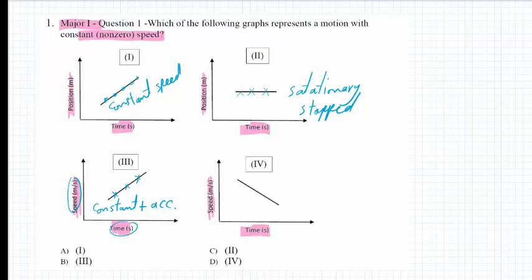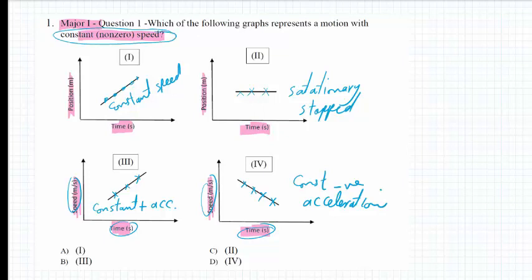The last one is also a speed versus time, and the speed decreases linearly. That means a constant negative acceleration. Here he's asking about constant speed, and this is the only case of constant speed, so I will choose number A.